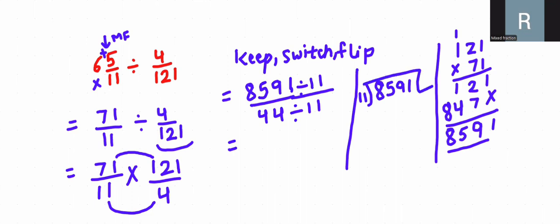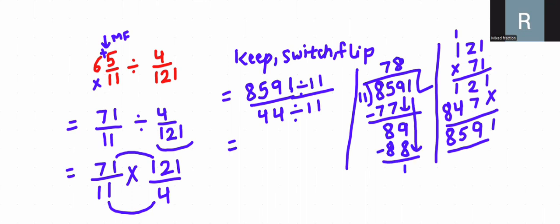When you subtract, you will get 8. 9 will come down. 11 eights are 88. When you subtract, you will get 1. And this 1 will come down. 11 ones are 11. So when we divided these two numbers, what did we get? We got 781. And when we divide the denominator, what do we get? In the table of 11, 44 comes at 4. So this is the final answer.